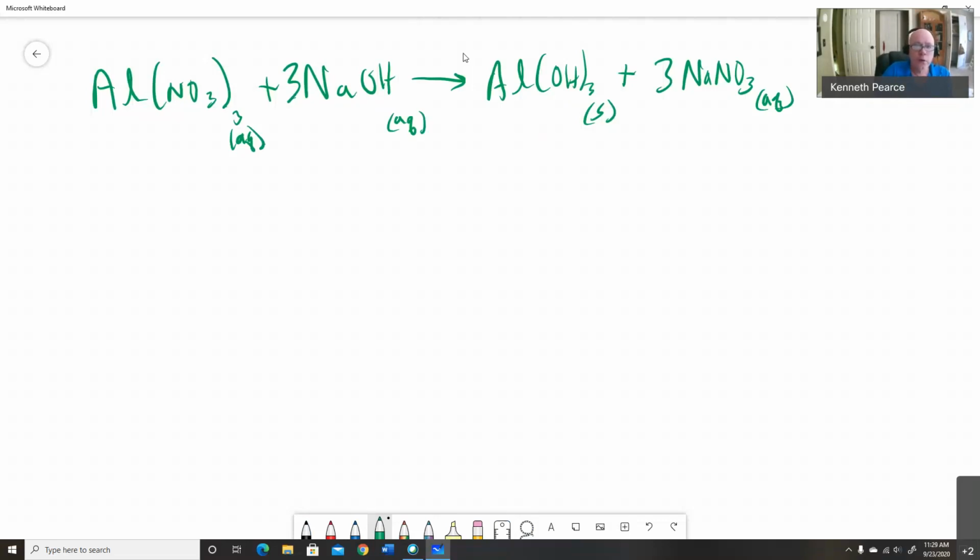So we can go ahead and write out a problem similar to what we did in chapter 3. Okay, but what we're going to do with this problem, though, is we're going to use something called molarity. Okay, and so molarity is moles per liter.